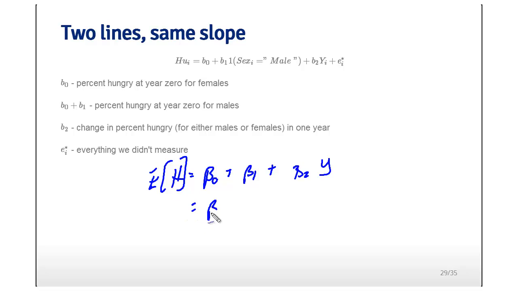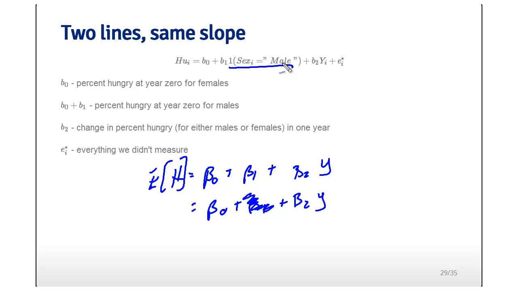And it's equal to beta naught plus beta 2 year for females, because that beta 1 is gone, since this indicator term would be 0.